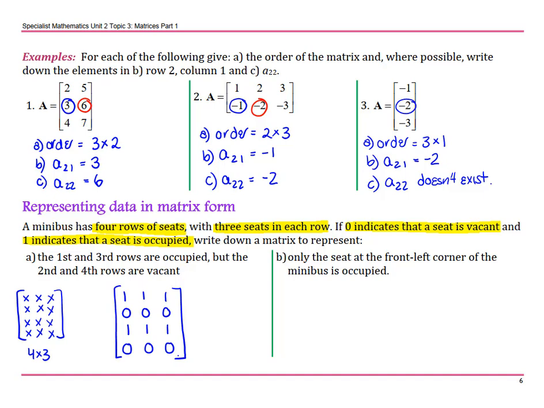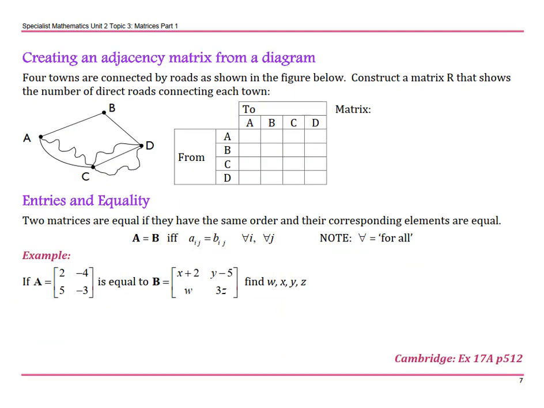Next, only the seat at the front left corner of the minibus is occupied. So 1 in the first one, then everything else is going to be 0s. And we're done.